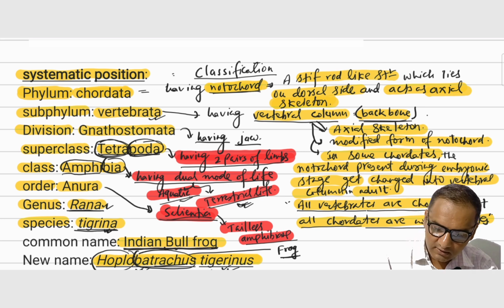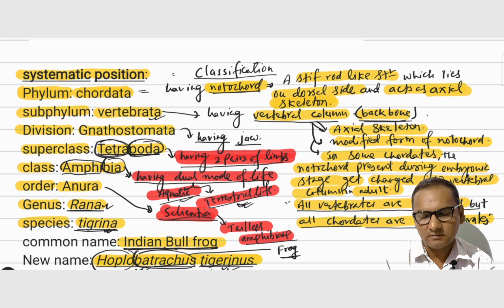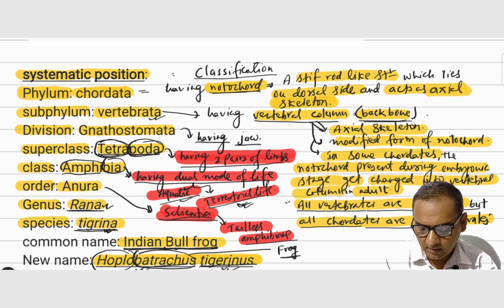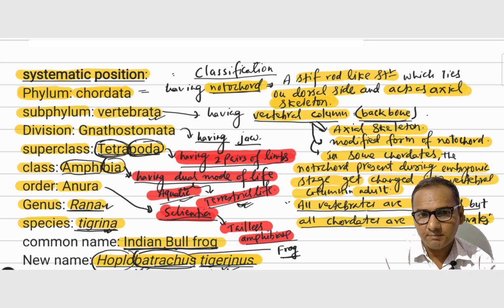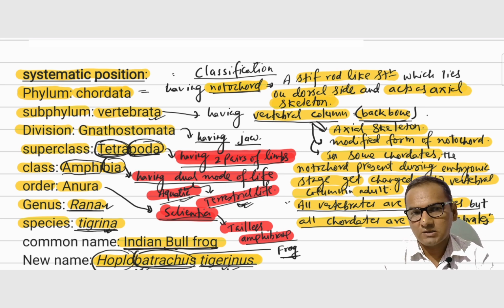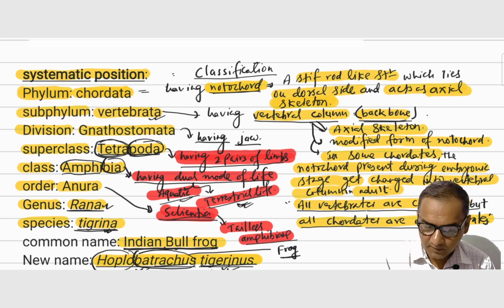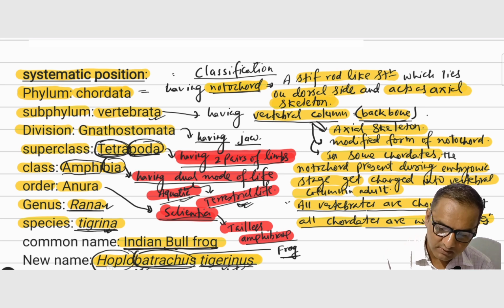And tigerinus means patches like those on the body of the tiger. There are patches on the dorsal surface of the skin, especially in the male frog during the breeding season. Black strips are present on a yellow colored surface, as in the body of the tiger. So it is called tigerinus. The new name is Hoplobatrachus tigerinus.